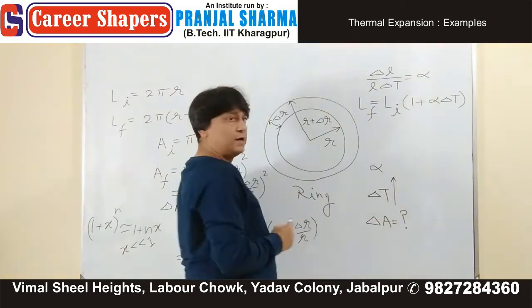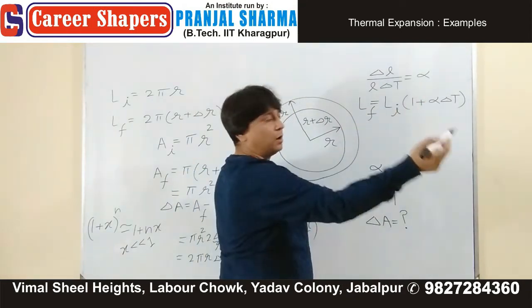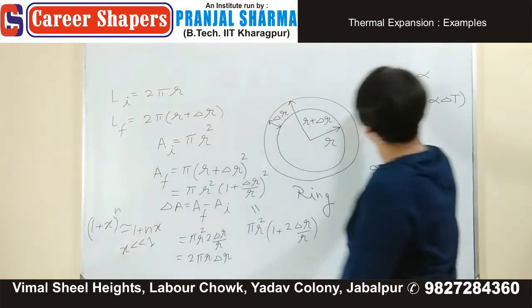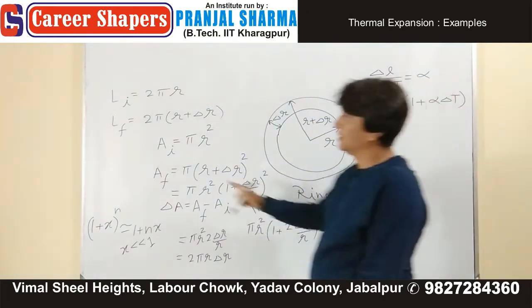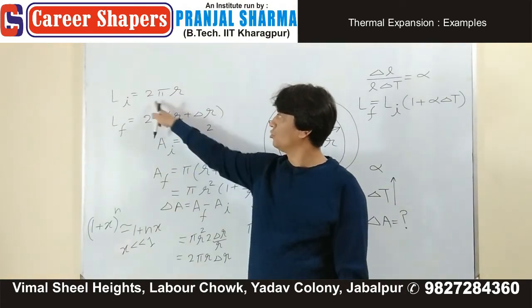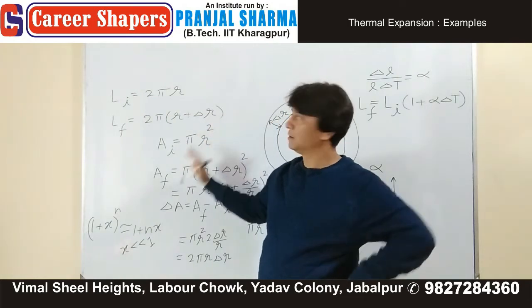This is L final minus L initial. What is delta L? You can directly use this delta L, L final minus L initial. 2 pi r cancel. This is 2 pi delta r.